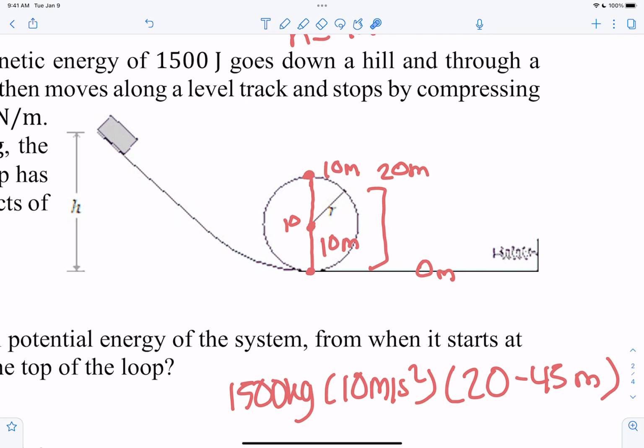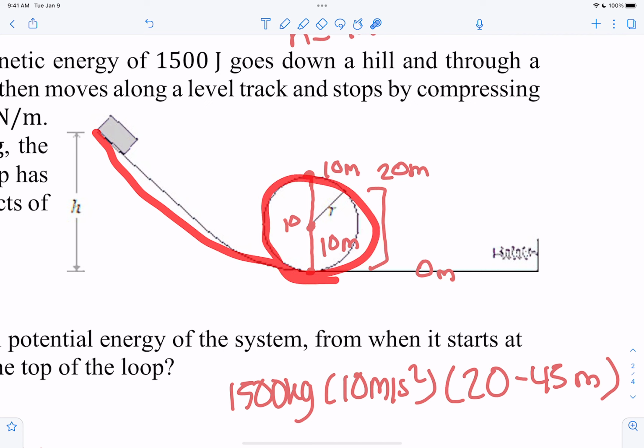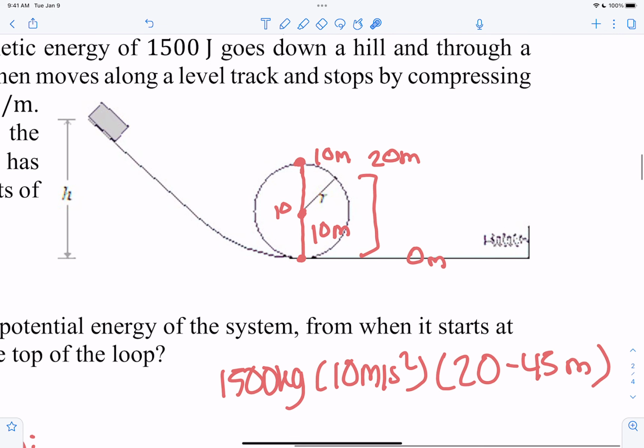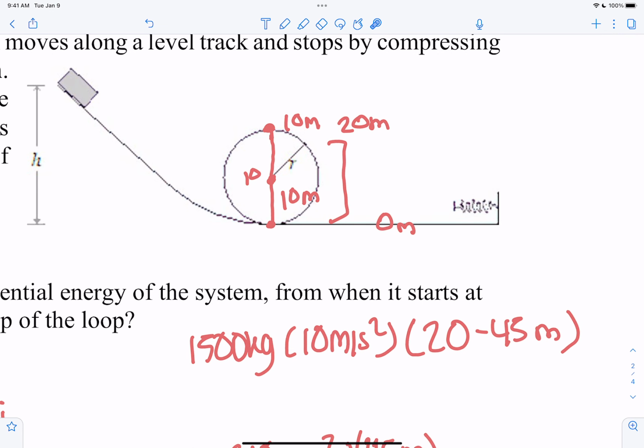So if I went initially only gravitational, as I move downwards through the loop, all of that gravitational, once I hit the bottom here, has now become all kinetic. So I know that once I hit this spring, there's going to be conversion from kinetic energy to elastic potential energy. I want to figure out just how much conversion that is.